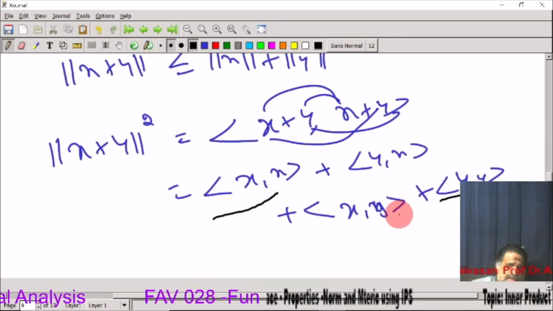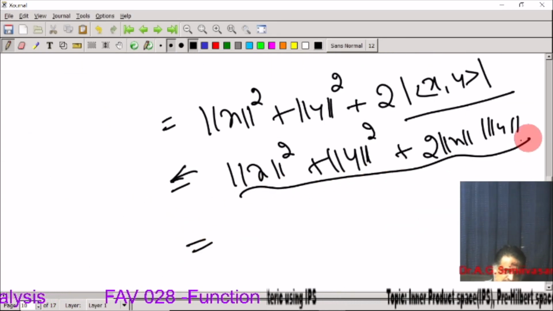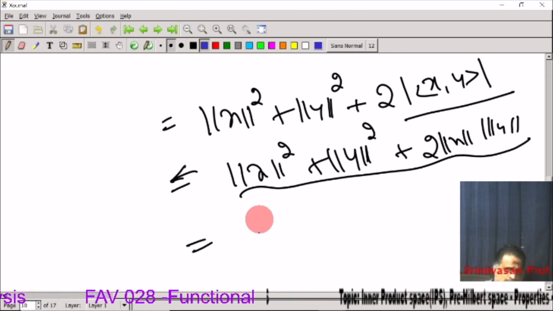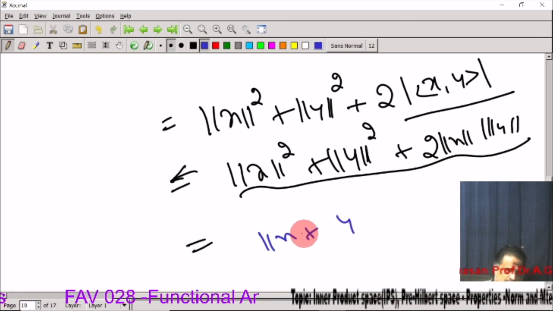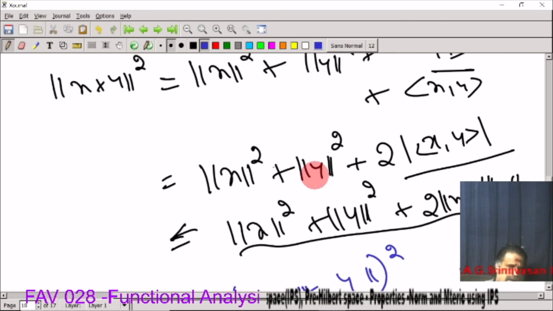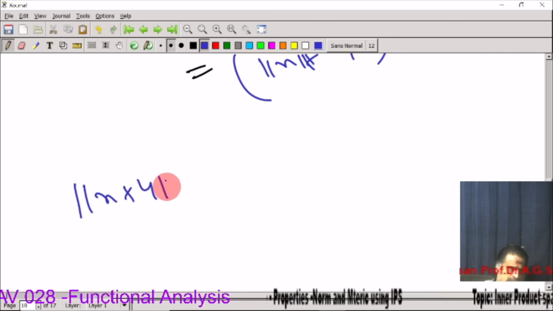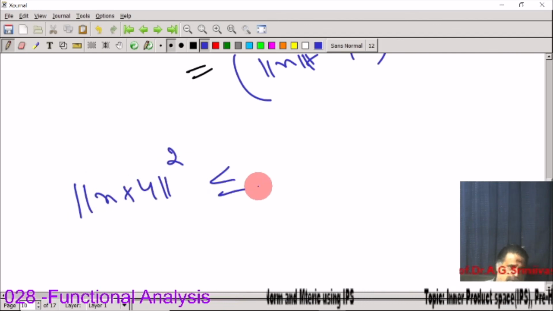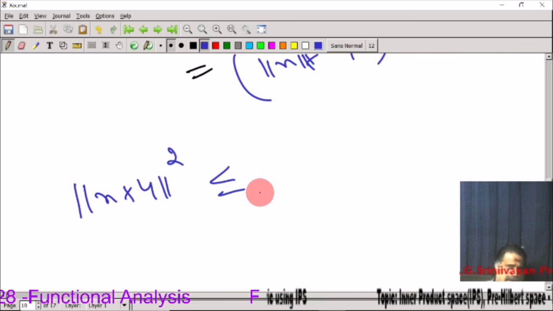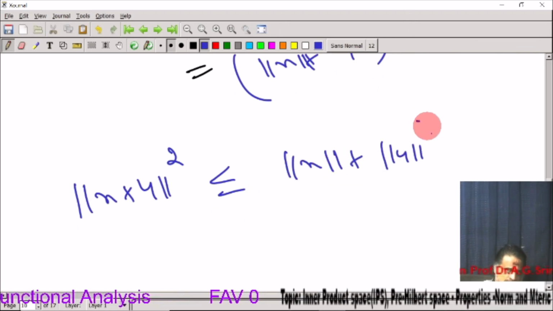So this becomes an inequality. But this is actually equal to norm x plus norm y the whole square. So the left hand side, norm x plus y the whole square, is less than or equal to norm x plus norm y the whole square.